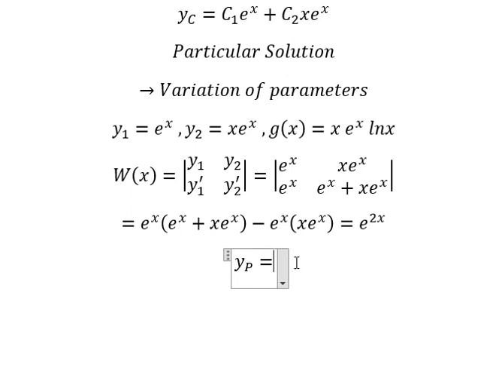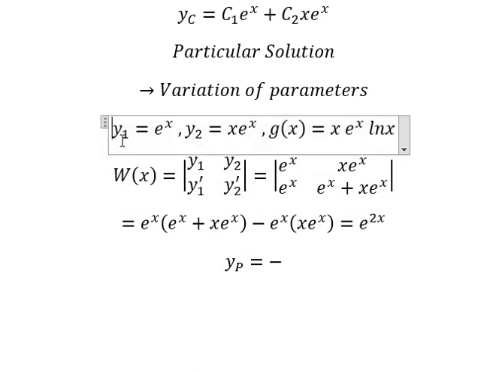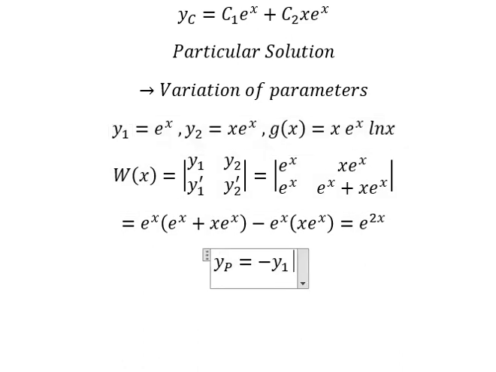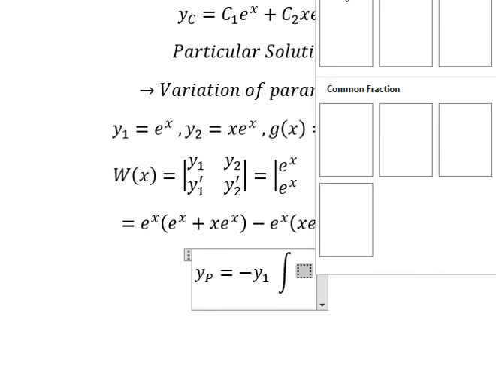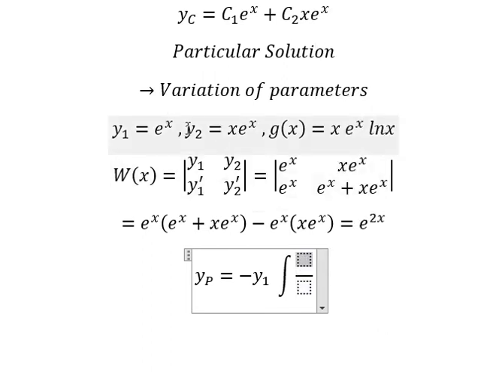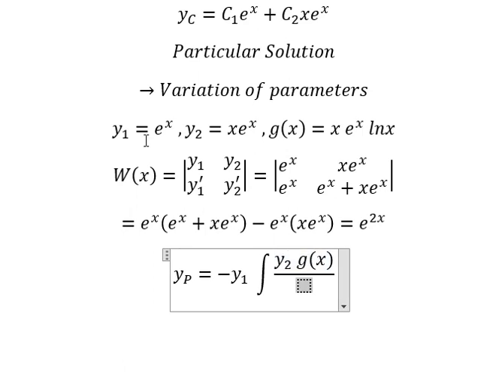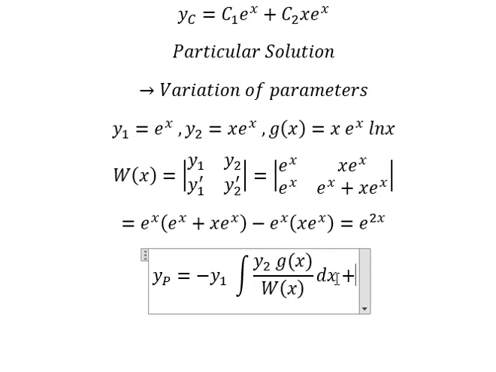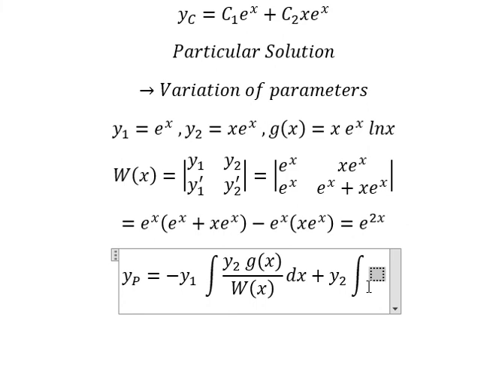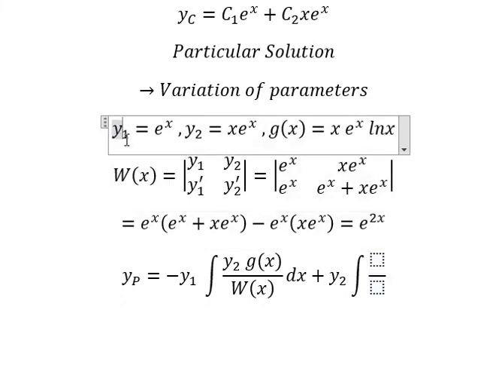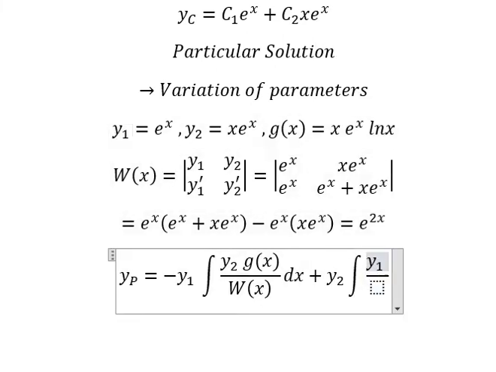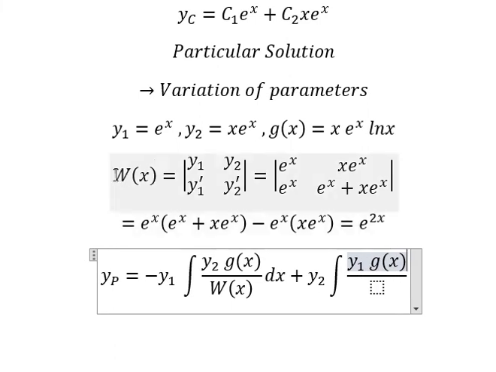That is negative y1 multiplied by the integration of y2 multiplied by g of s over Wronskian ds plus y2 multiplied by the integration of y1 multiplied by g of s over Wronskian ds.